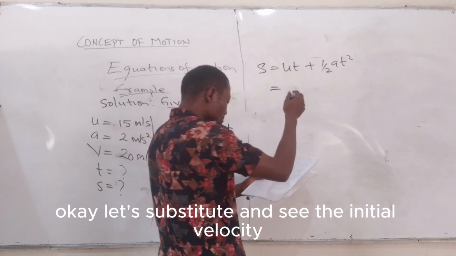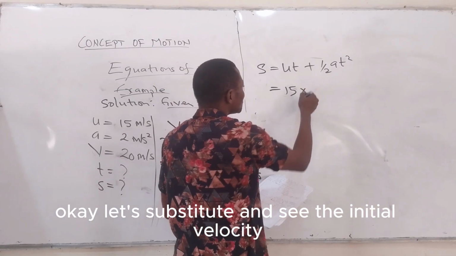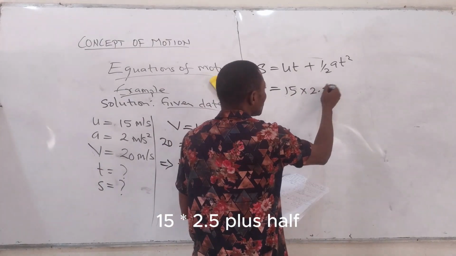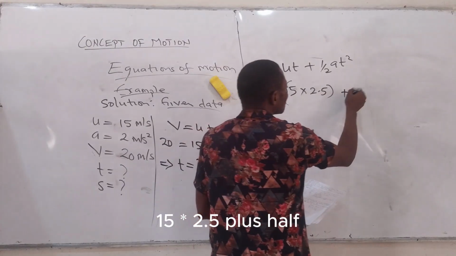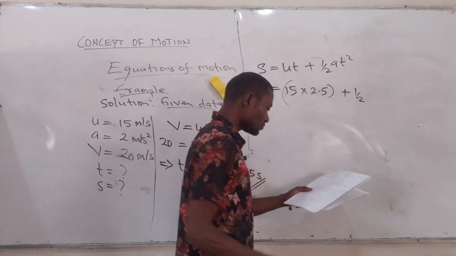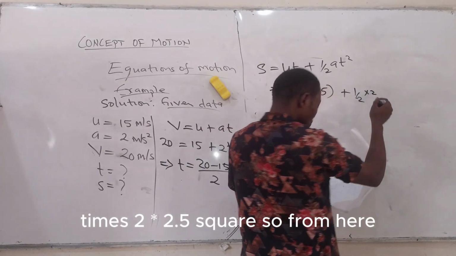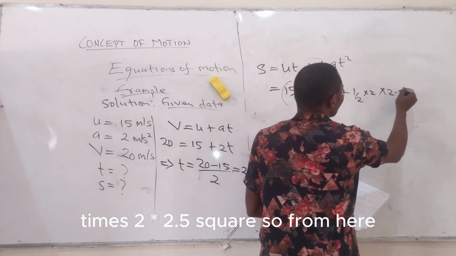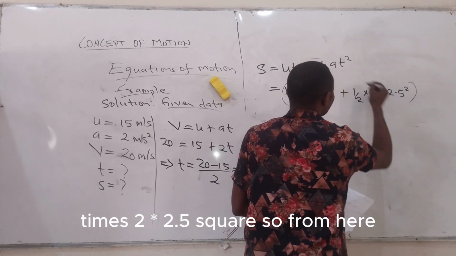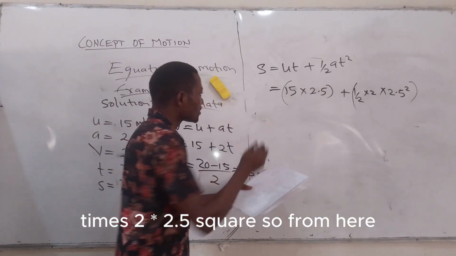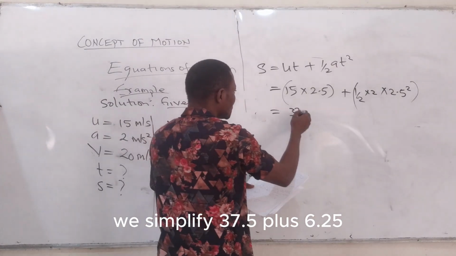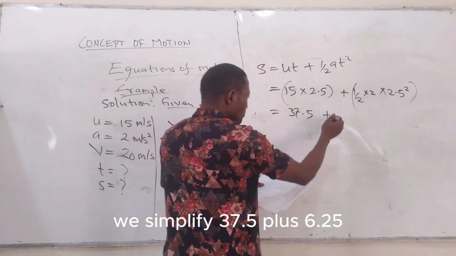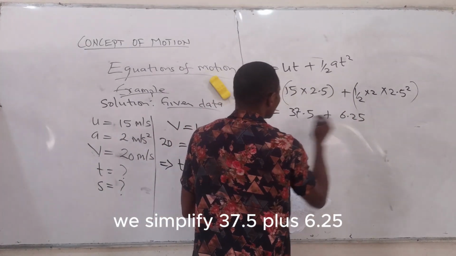Let's substitute and see. The initial velocity 15 times 2.5 plus half times 2 times 2.5 squared. From here, if we simplify, 37.5 plus 6.25.